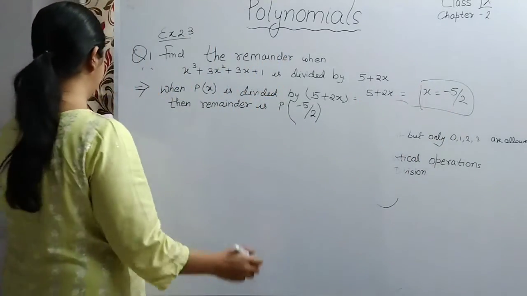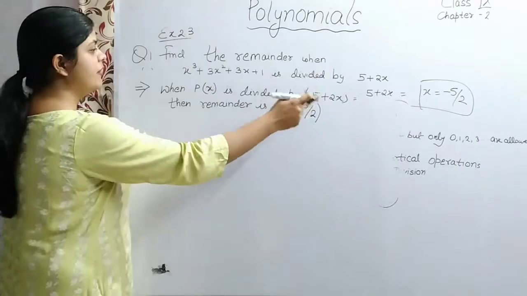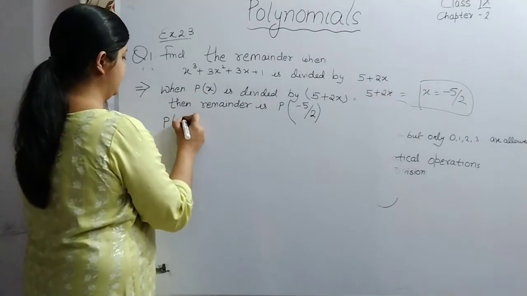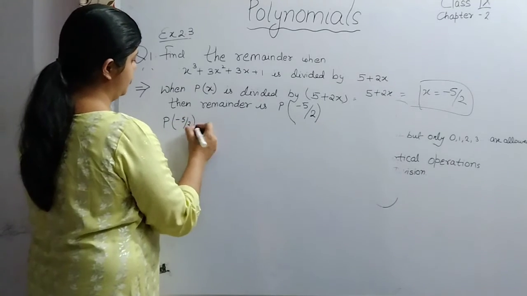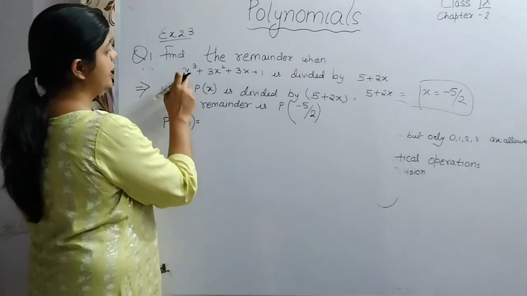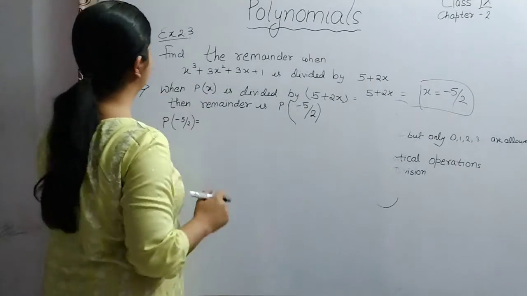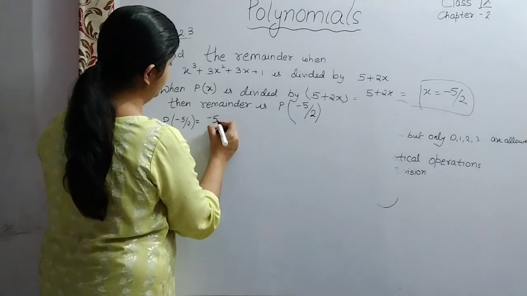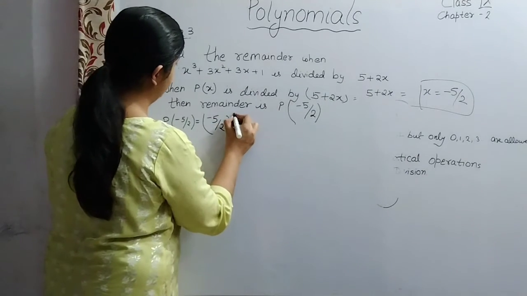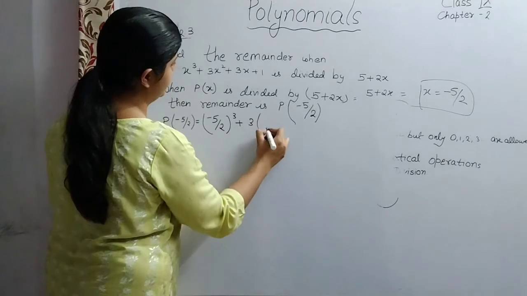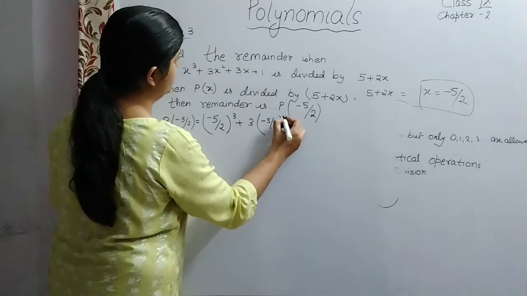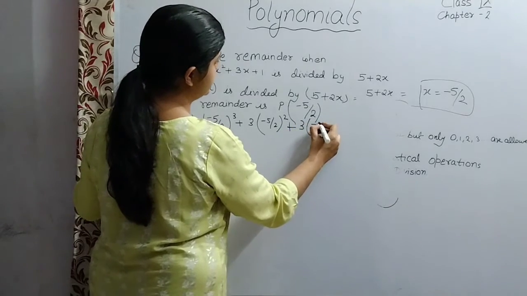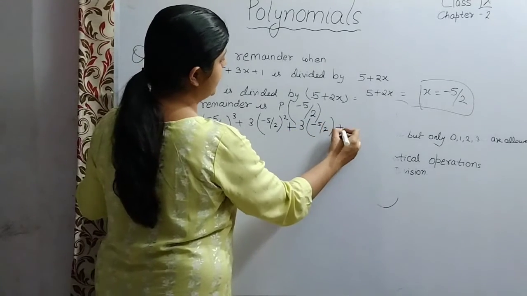Okay, now we are going to put the value of x in this equation. p(minus 5 upon 2) is equal to, in place of x I am putting minus 5 upon 2: (minus 5 upon 2) cube plus 3 times (minus 5 upon 2) square plus 3 times (minus 5 upon 2) plus 1.